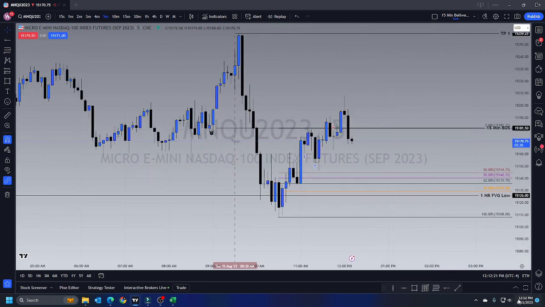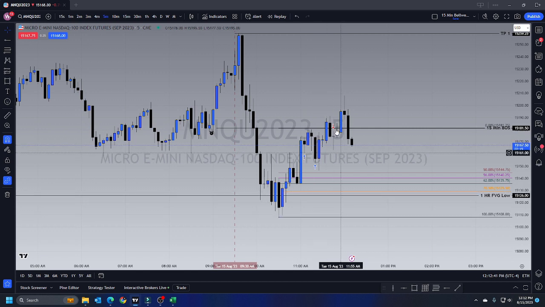So since we were getting close to lunchtime, and once we had this break of structure and then immediately have this down trace candle and then this candle stabbing all the way down in here, this is why I had moved my stop up so close to where my average entry is.